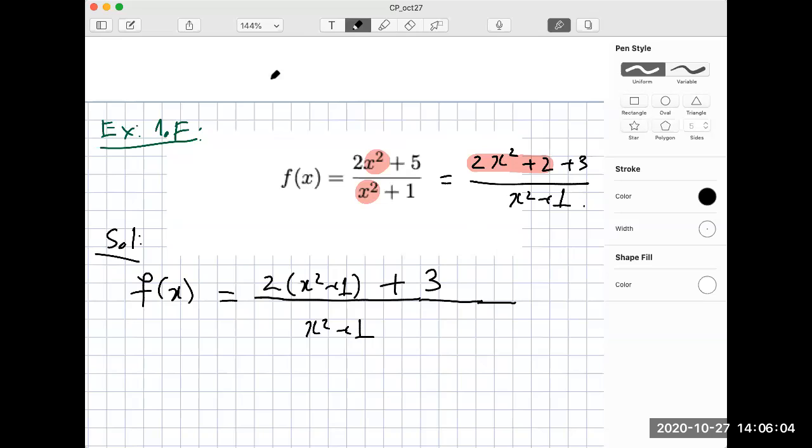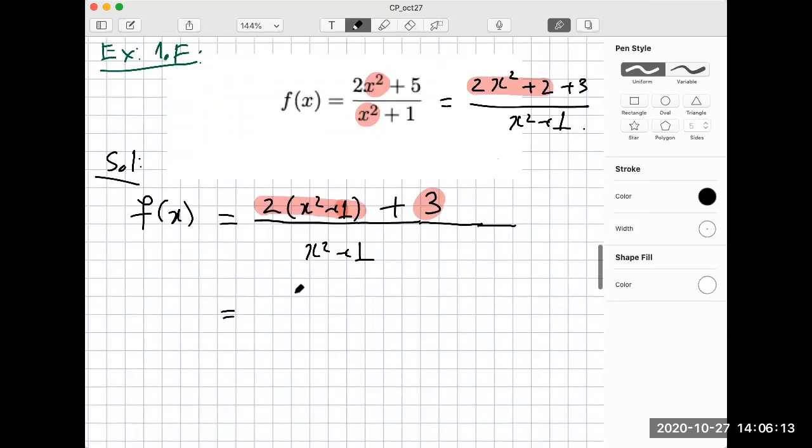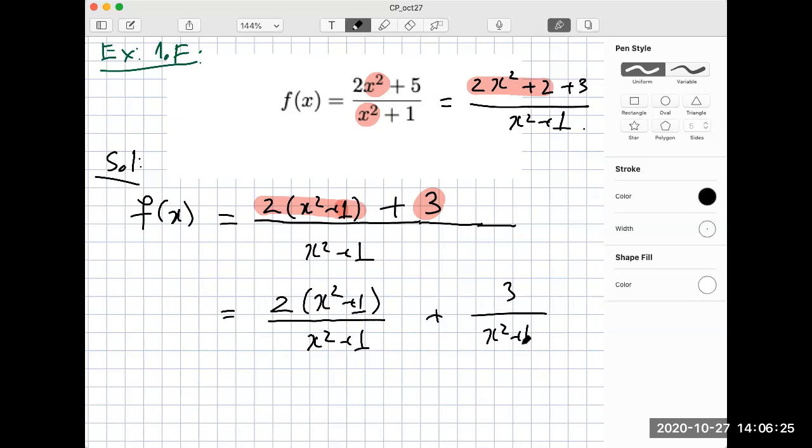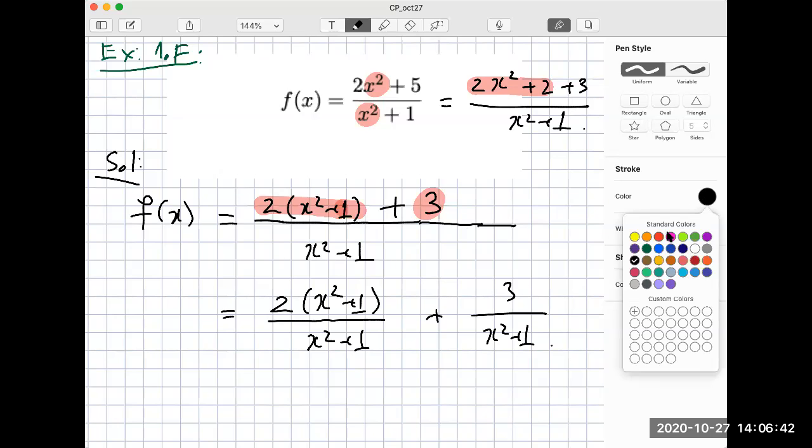Then in the numerator, it is a sum of 2 terms. This term plus 3. So we can separate it into 2 multiplied by x squared plus 1 divided by x squared plus 1, plus 3 divided by x squared plus 1. Is that okay? If we do this, the first quotient becomes what is it?